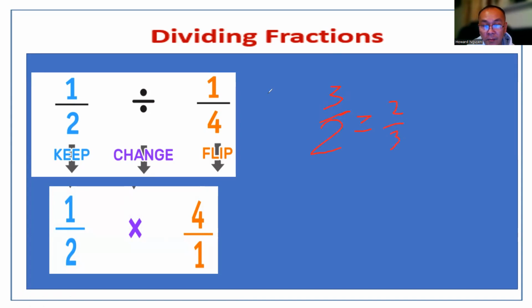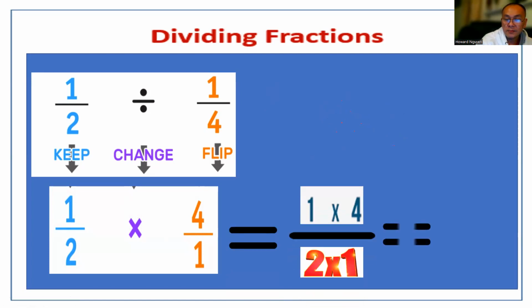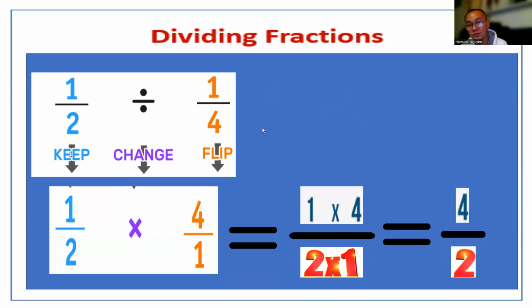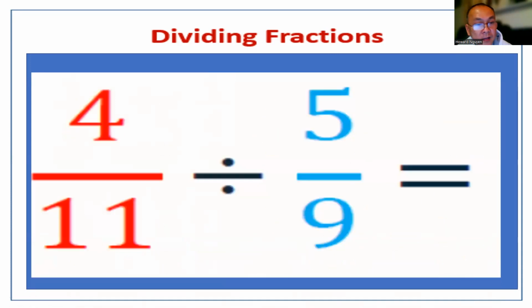That's reciprocal. So what's 1 times 4? 4. 2 times 1? 2. So the answer is 2/4, which is 2, a whole number.